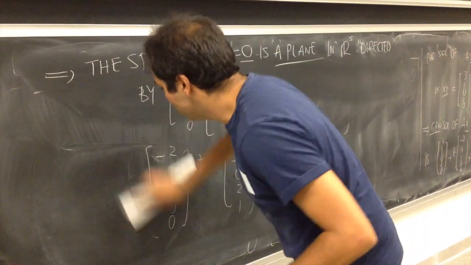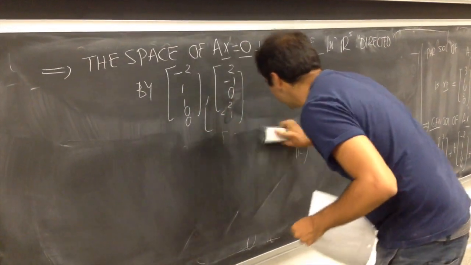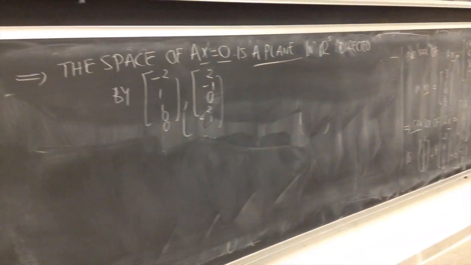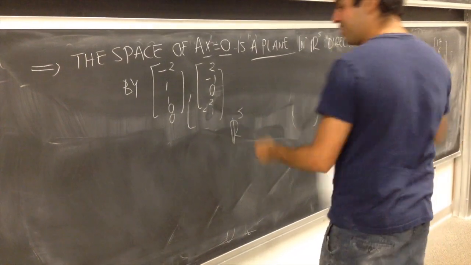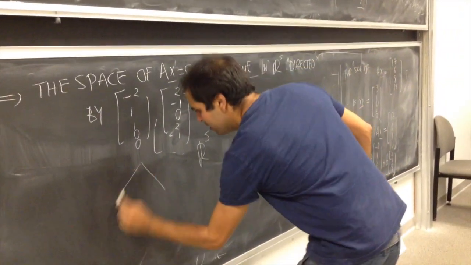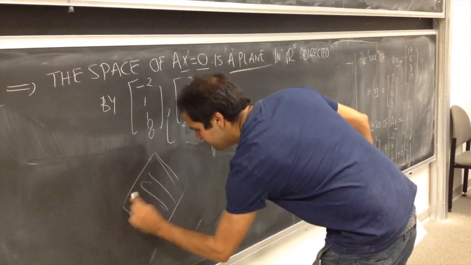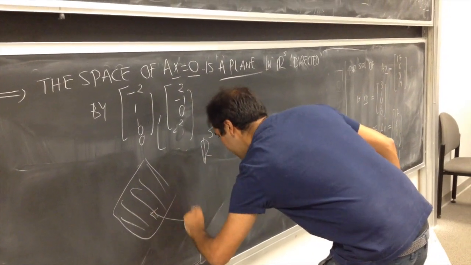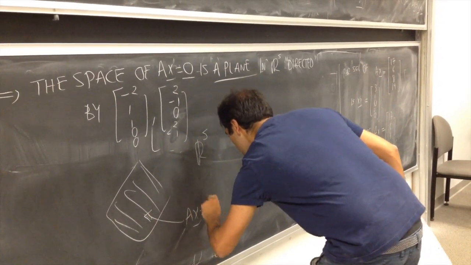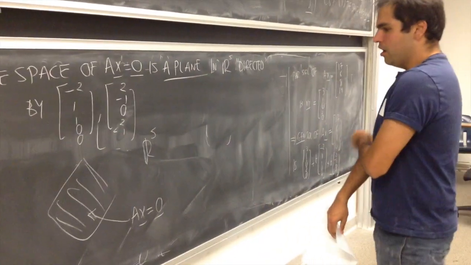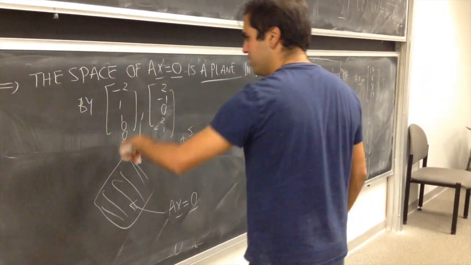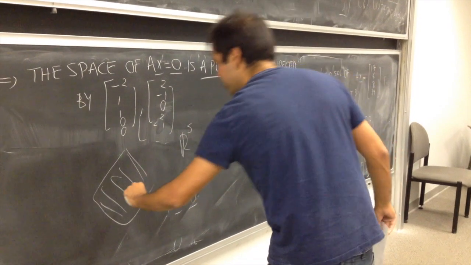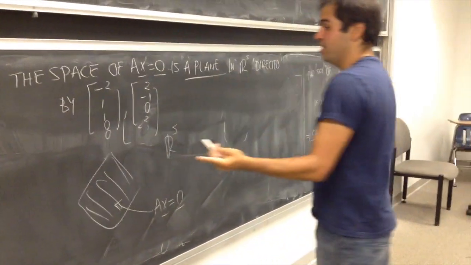So literally, if you draw this, the space of these solutions, then it's just a plane, or let's say I'm magical and I draw R5, then the space of Ax equals 0 just looks like that. Where we have those two vectors inside, (-2, 1, 1, 0, 0) and (2, -1, 0, 2, 1).